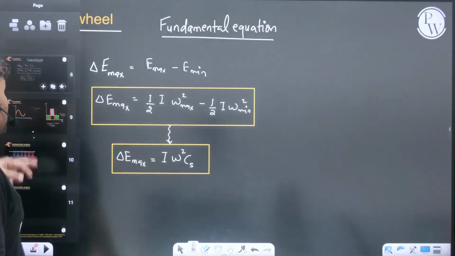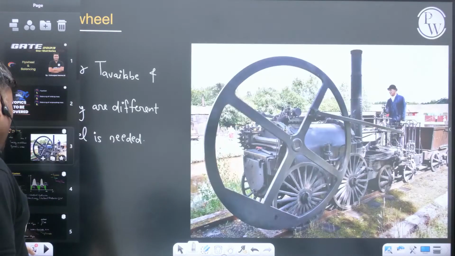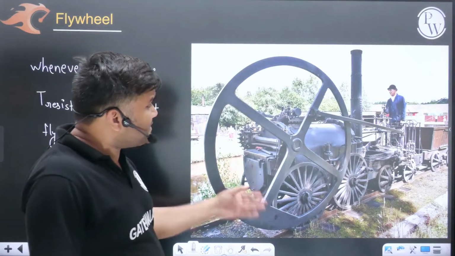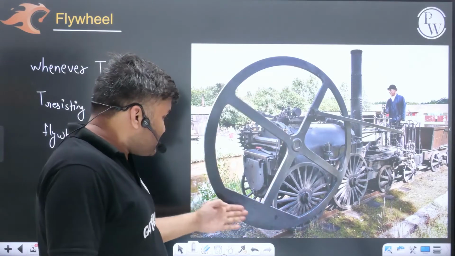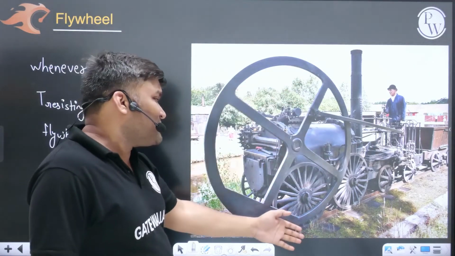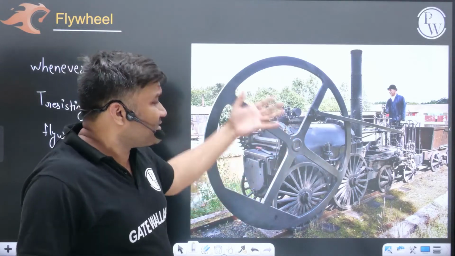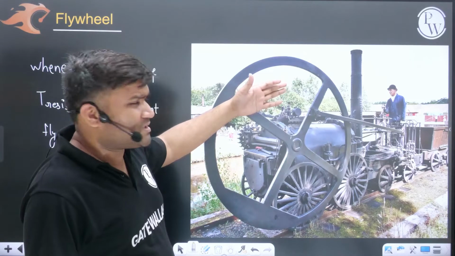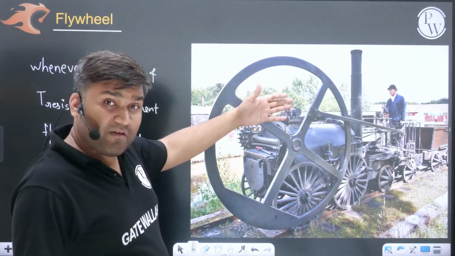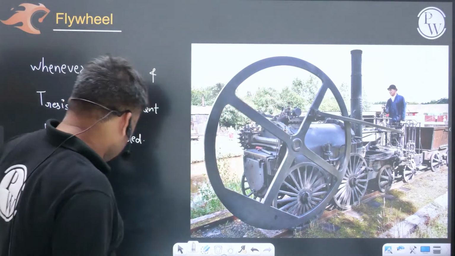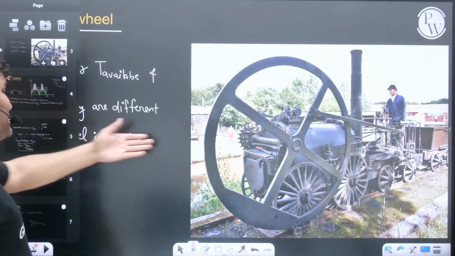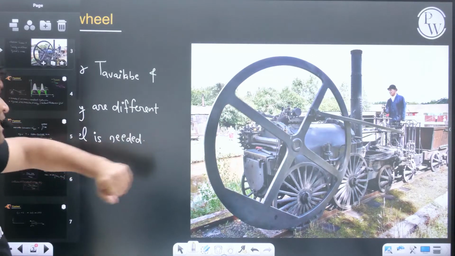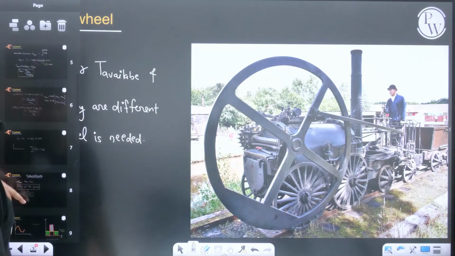That is why in a few situations very heavy flywheels are used, made of metal, with a huge size and a mass not less than 300-400 kgs. Very heavy. Clear? This is a flywheel fitted in a steam engine, so obviously it is going to be heavier.